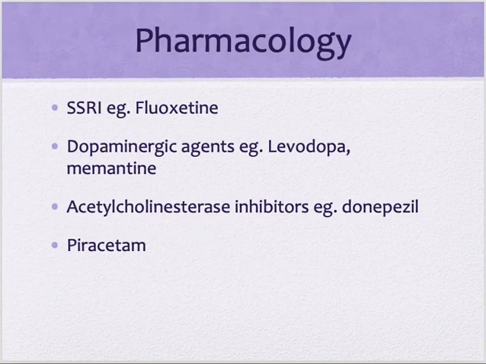For example, for pharmacology, we can put the patient on SSRI, dopaminergic agents, acetylcholinesterase inhibitors, donepezil. This one is also given in patients who have dementia. So all these drugs can be used depending on the condition of the patient, not in all the patients.